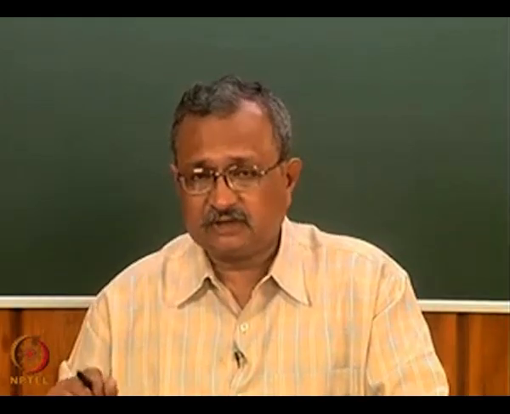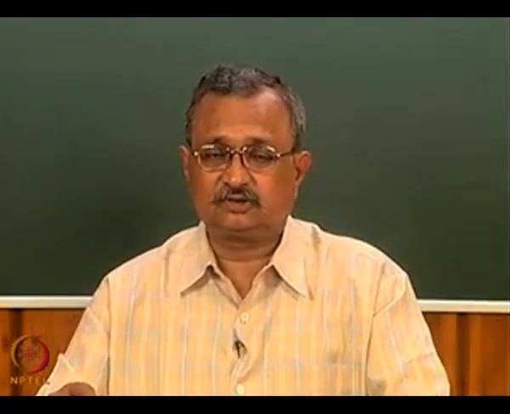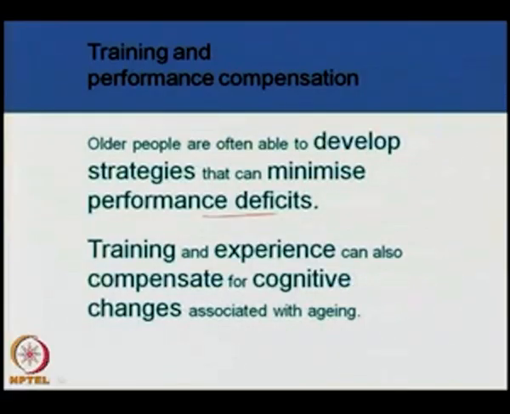But the young person sometimes uses the major muscle groups to do a similar task. So, the older man can develop certain strategies of their own to minimize their performance deficits. Training and experience can also compensate for cognitive changes associated with age.